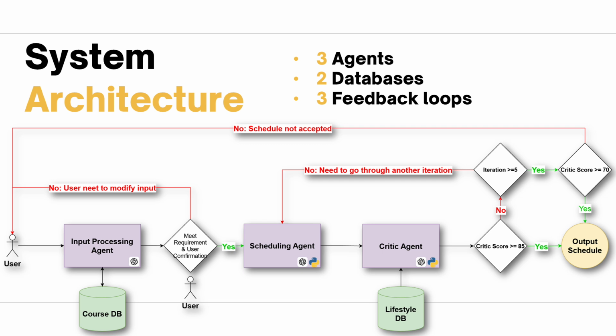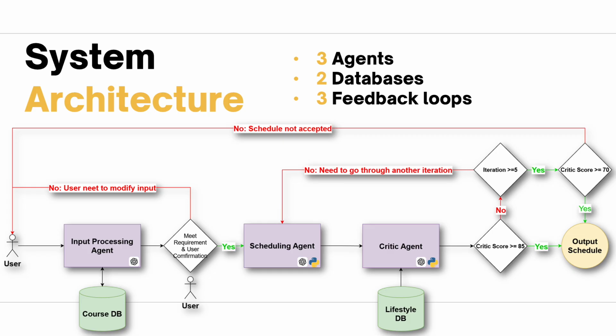The scheduling agent would generate a draft schedule using both algorithms and the LLM. Then the critic agent will evaluate this draft, giving a critic score and feedback. So if this critic score is less than 85, and the maximum iteration count is not met, we will loop back to the scheduling agent and do another iteration and generate another new draft and have another new critic score.